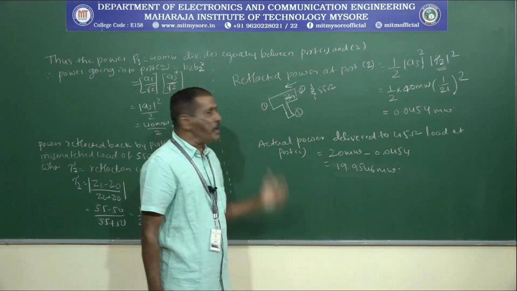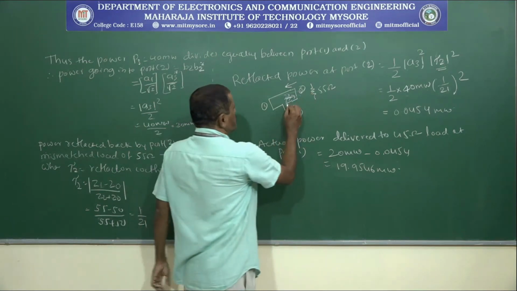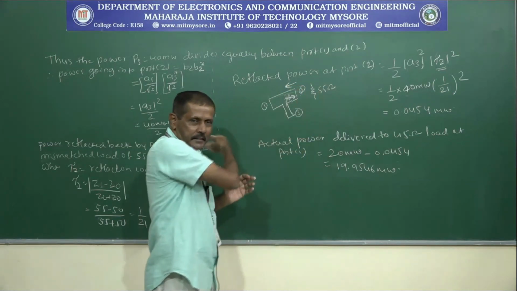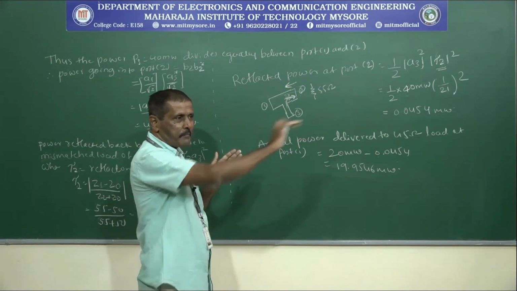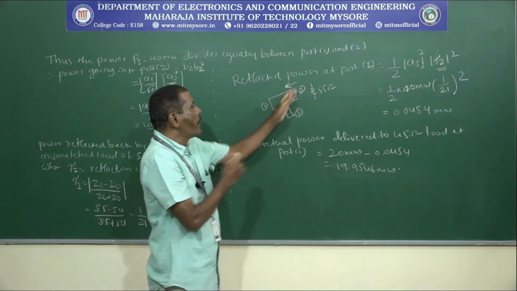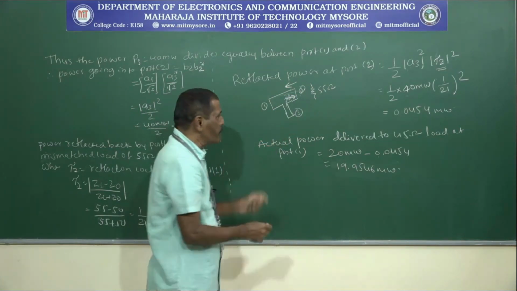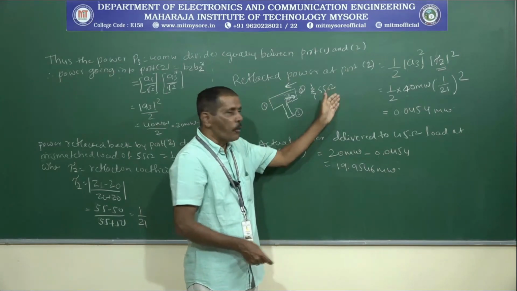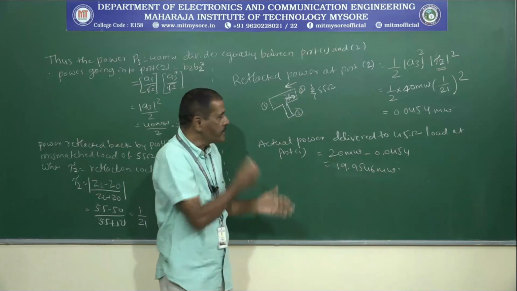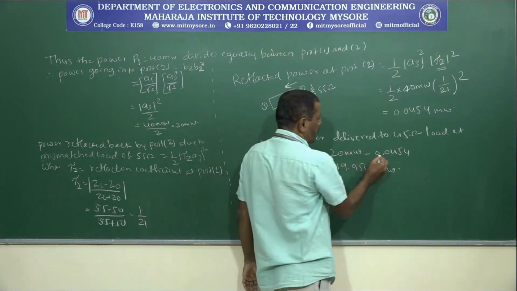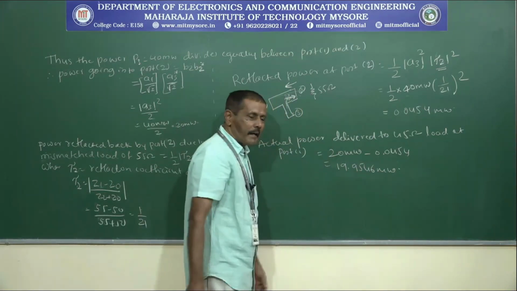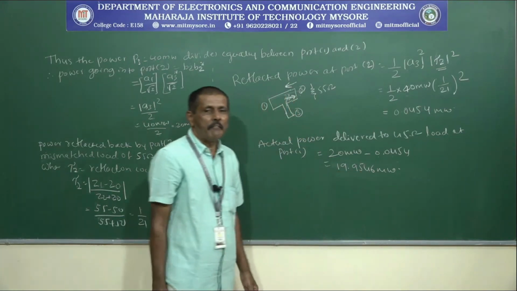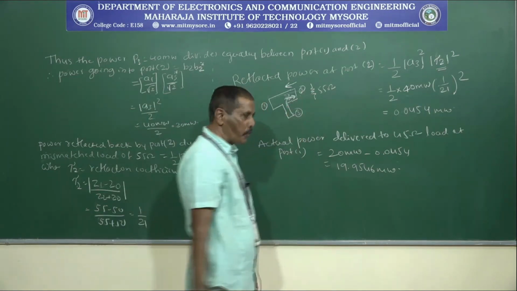Now calculate the actual power delivered: 20 milliwatts is going in this direction and 0.045 milliwatts is reflected back in the opposite direction. Therefore the actual power delivered will be the power going to the load minus the power reflected back, that is 20 milliwatts minus 0.045 milliwatts. So this is equal to 19.9546 milliwatts. This is the actual power going to port number 2.